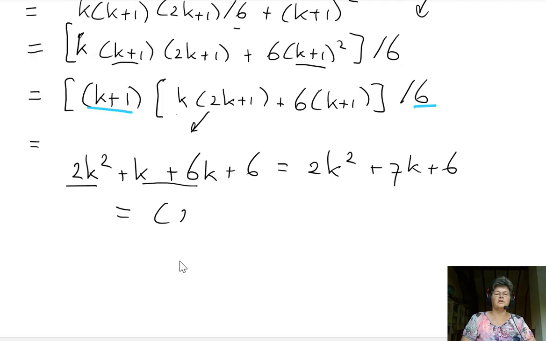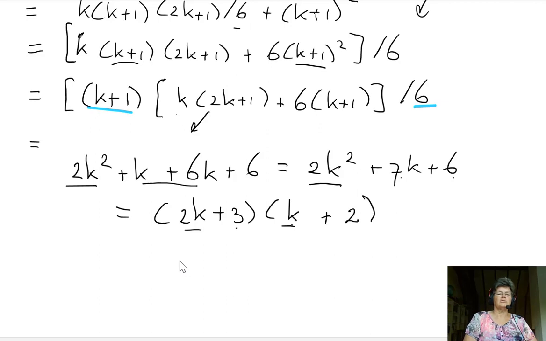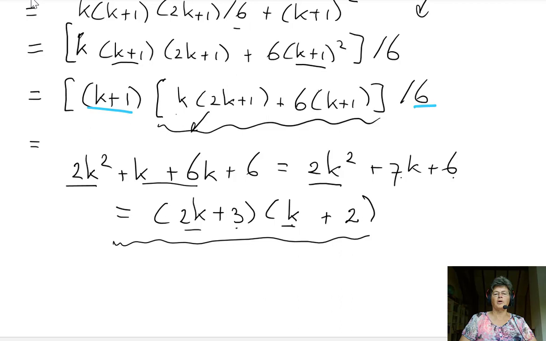That is (2k plus 3) times (k plus 2). 2k times k gives me the 2k squared. 3 times k gives me part of the 7k, so I still have 4k left, 2 times 2k is 4k, and then let's check the 6: 3 times 2 equals 6.